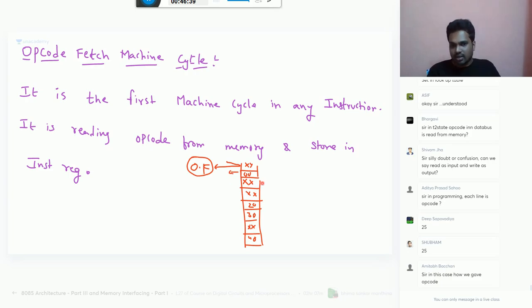After that, again it will read it as an opcode. While reading this opcode, it will understand it is only a 1 byte instruction, so next also it will read it as an opcode. Once it reads, it will understand whether the next 2 bytes are opcode or some data.